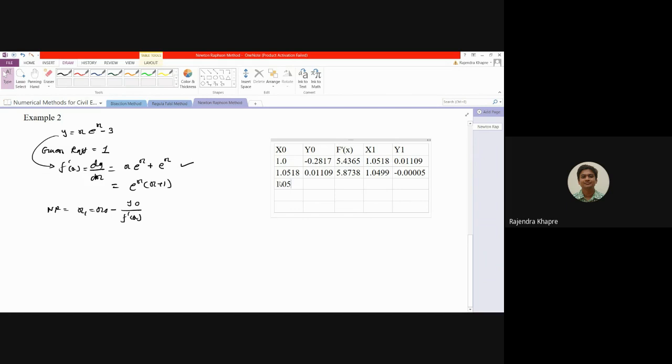So if you want, you can go for 1.0499, and this is minus 0.8234.